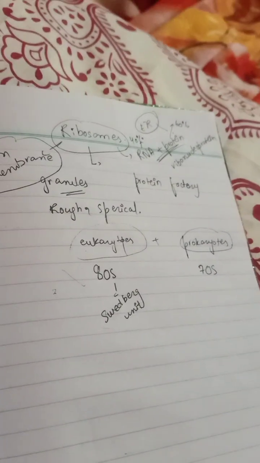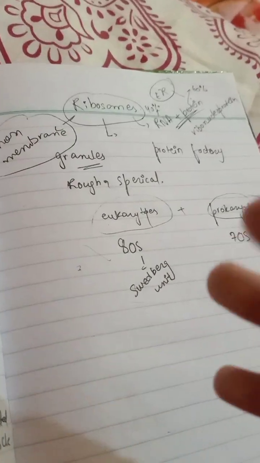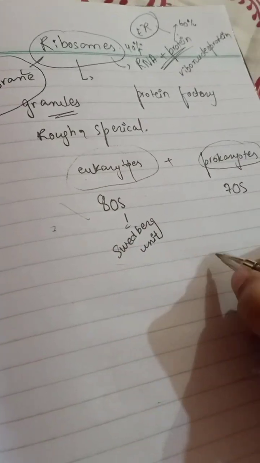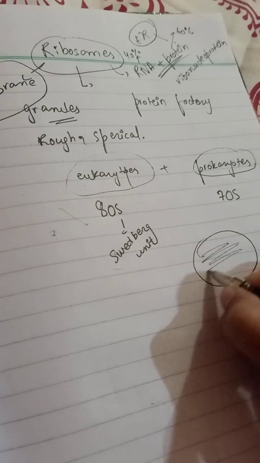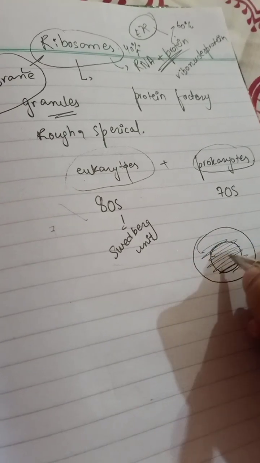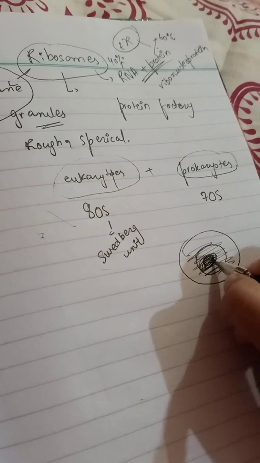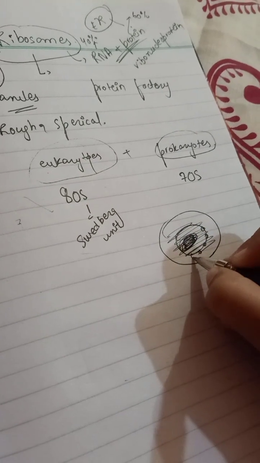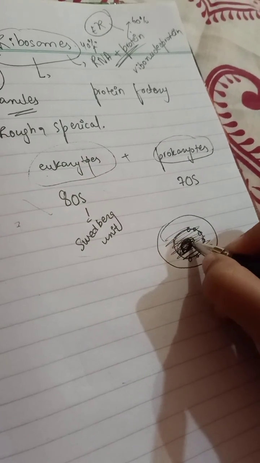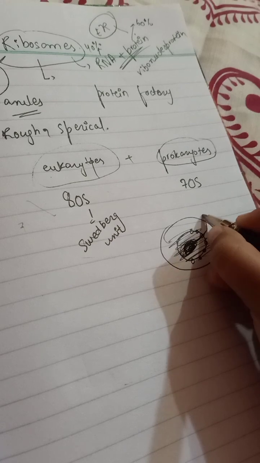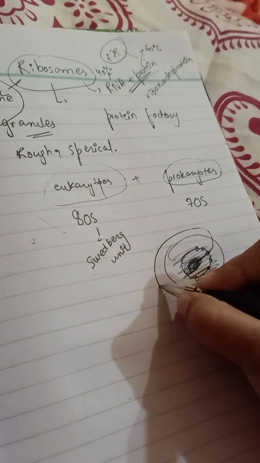Now where is the ribosome present? This is the nucleus, and the fluid is called the nucleolus. Here the ribosome is present, and here we have the nucleopore. Through the nucleopore the ribosome comes outside to the cytoplasm.